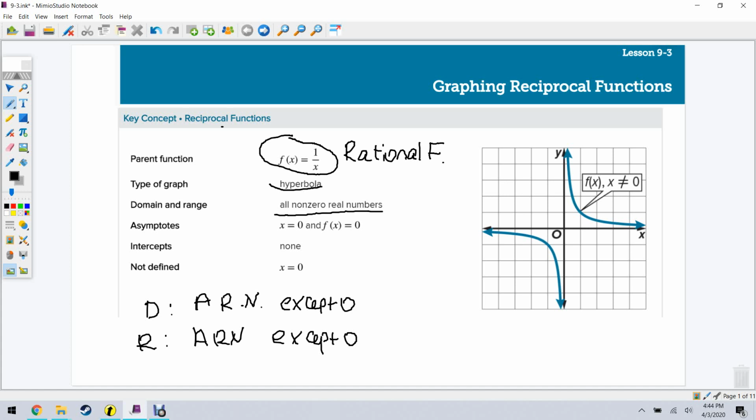Asymptotes. We will talk about asymptotes deeply in this lesson. F of x is equal to 0. The other way to say it is that y is equal to 0 here. You can tell that, right, from the exponential and logarithmic functions. In exponential functions we had only horizontal asymptotes, whereas in logarithmic functions, the previous two units, we had the vertical asymptotes, right? In rational functions we will have two at the same time, and most of the time you will see these two together.